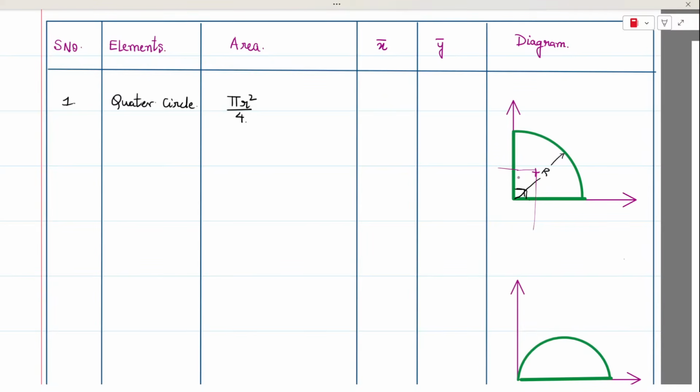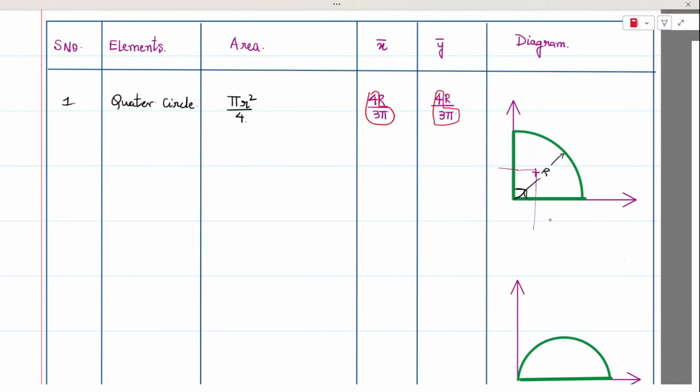In the triangle, we have written that as 1/3 of base and 1/3 of height. But now 1/3 will be replaced with 4r by 3 pi, 4r by 3 pi in the x direction as well as in the y direction. So you are finding a totally different number, that is 4 by 3 pi. This is the new constant that is being added.